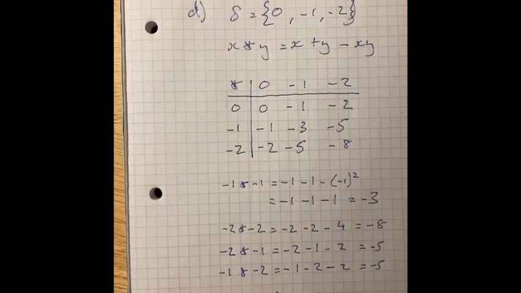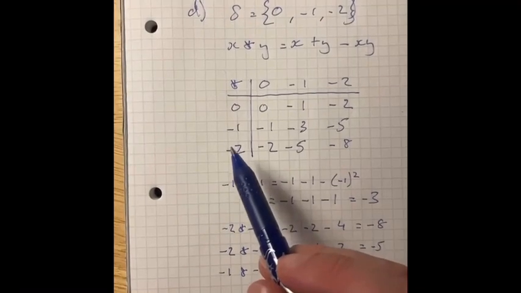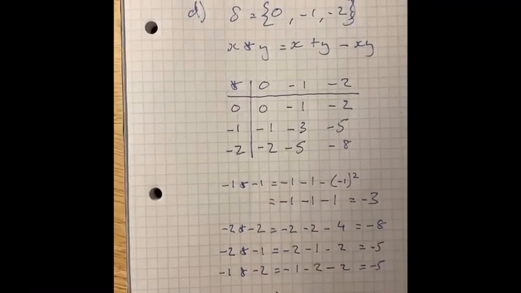-1 star 2. Okay. -1 star 2 is, we've got -1 plus 2, and then we got minus minus 2, which is plus 2.